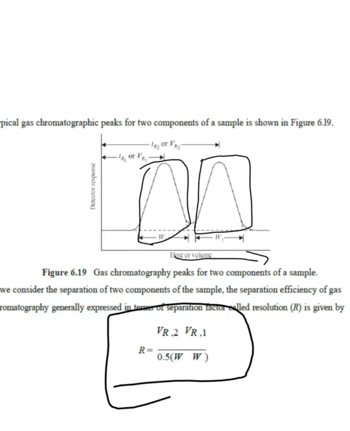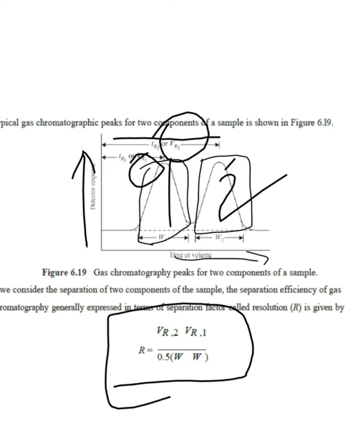VR2 is nothing but the detector response, at what time the detector has detected compound 2. This is known as VR2, and VR1 is with respect to compound 1. R equals VR2 minus VR1 divided by 0.5 into the base peak widths.